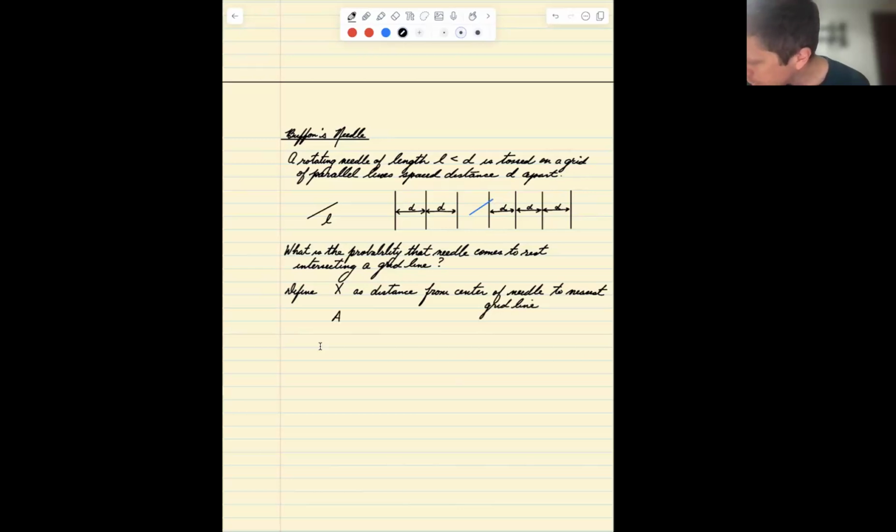And A is going to be the angle with respect to the perpendicular that we drop to the nearest grid line.